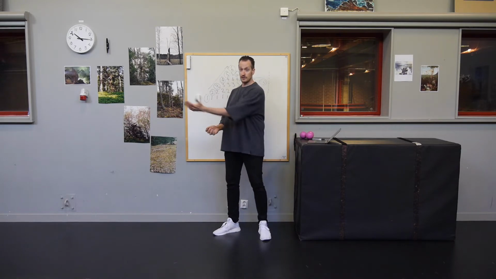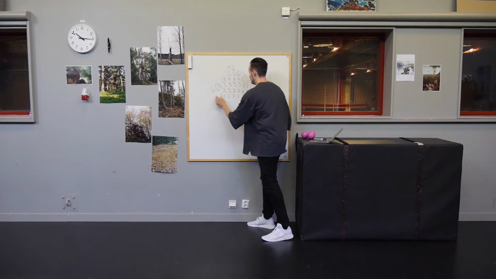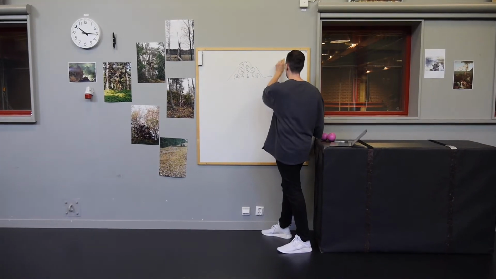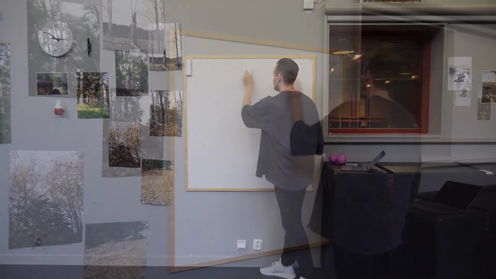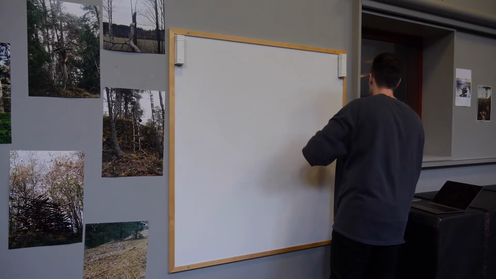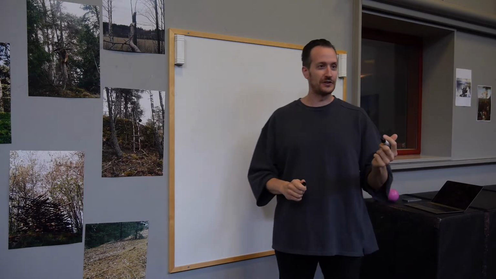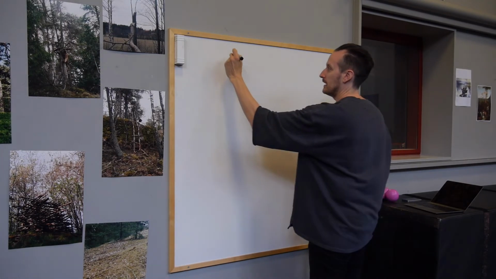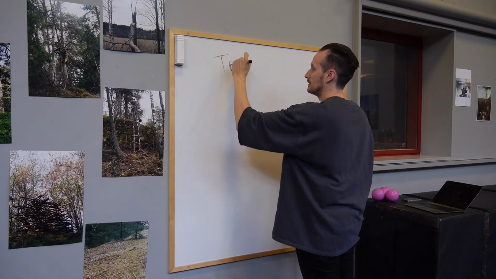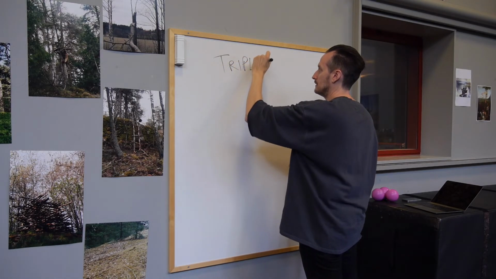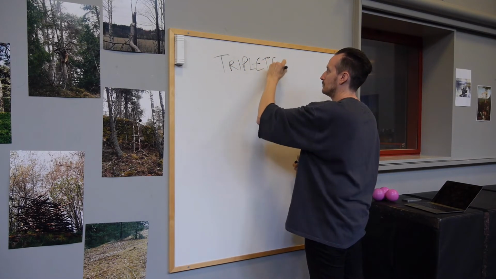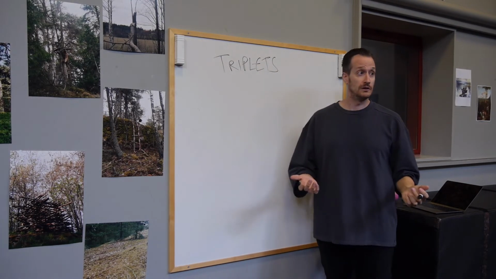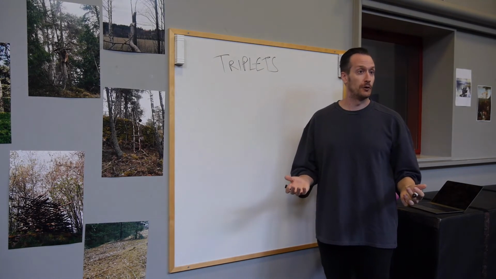So for now, we're going to get rid of this system of numbers that we've been using. We don't have this anymore for now. So this is called triplets inside of juggling, and with triplets, what we're going to do is juggle in 3 beats, and we're going to step every 4 beats.